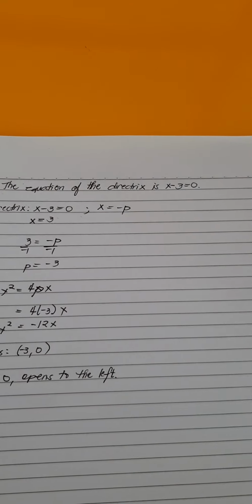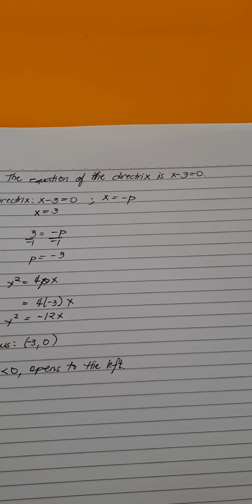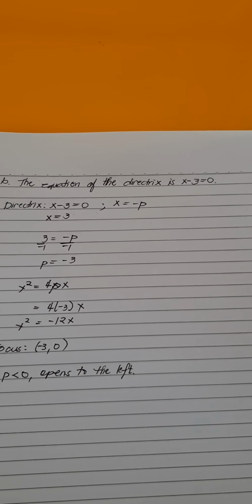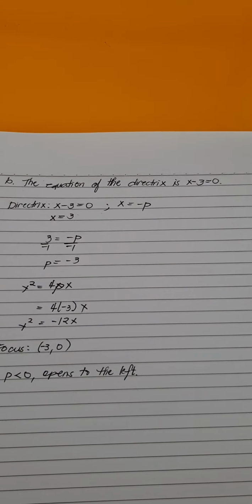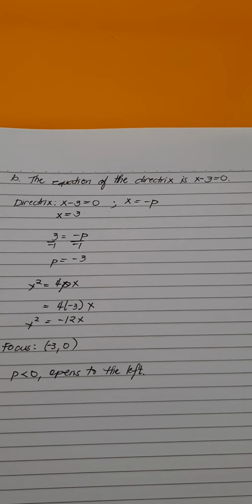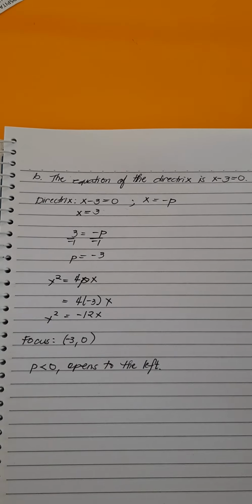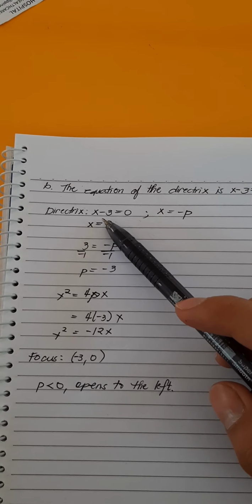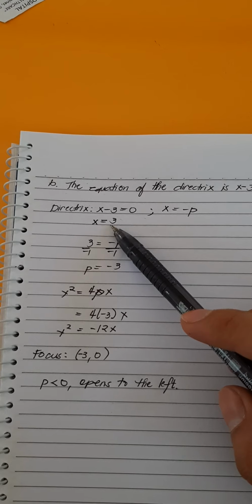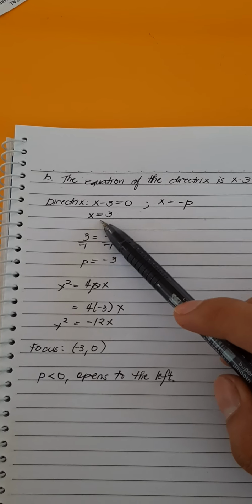To get this, we have to do some manipulation: the addition property of equality, or the subtraction property of equality. But in layman's terms, I just transfer the values. Here I transferred negative 3 to the other side of the equation, which changes its sign to positive. So we have x equals 3.